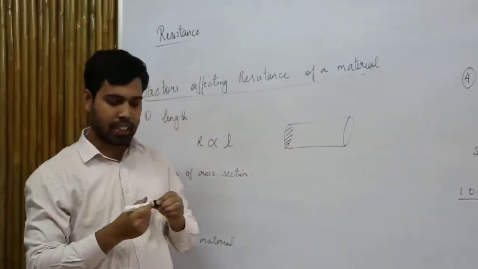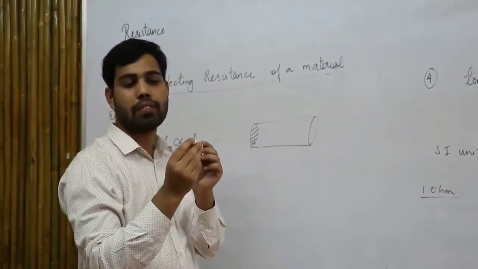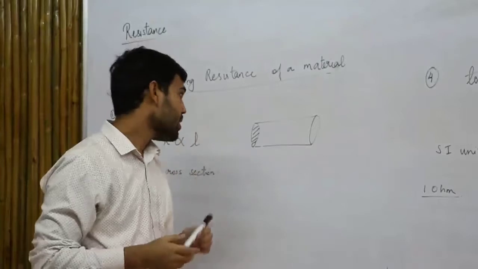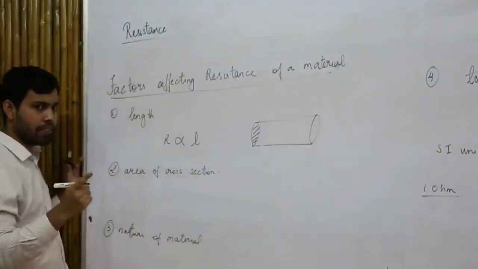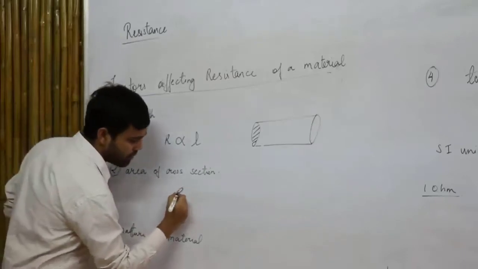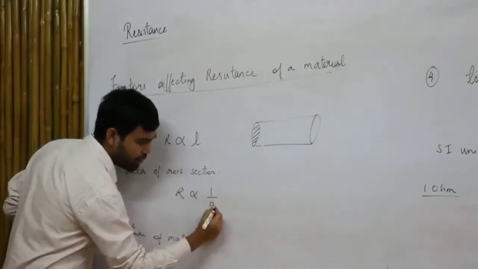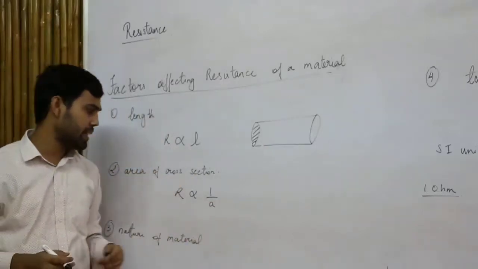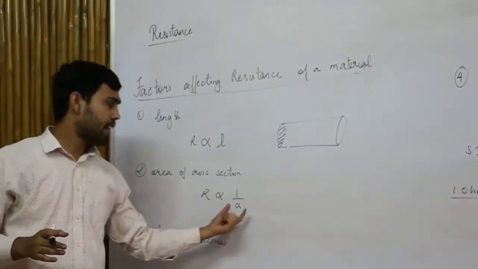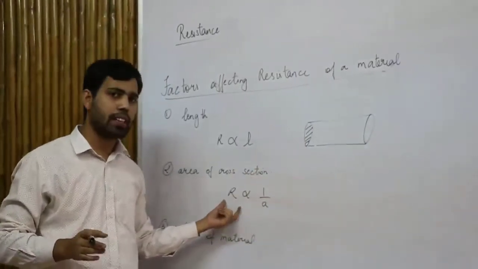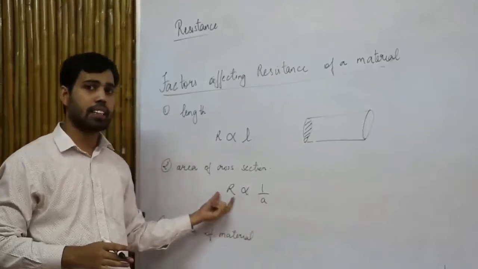If this is my conductor, my area of cross section will be the area of this base. The resistance of a conductor is inversely proportional to the area of cross section. We have already discussed what directly proportional means. Inversely proportional means something like this: if I increase the area, the resistance will decrease. If I decrease the area, the resistance will increase.